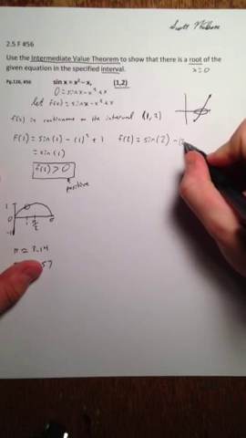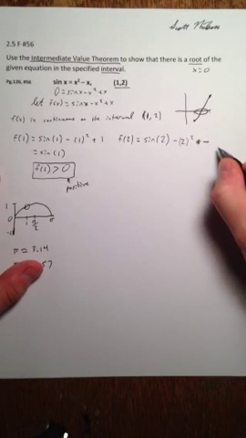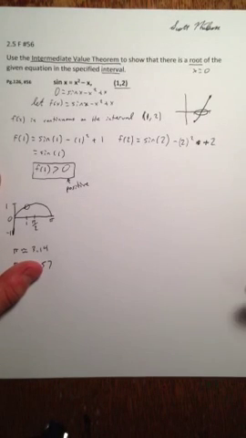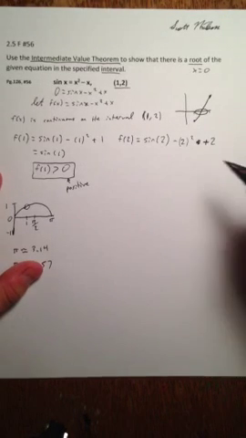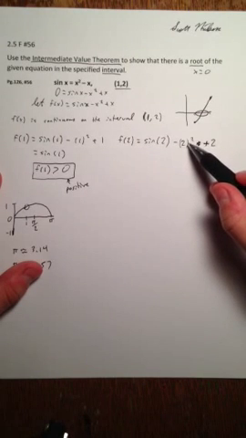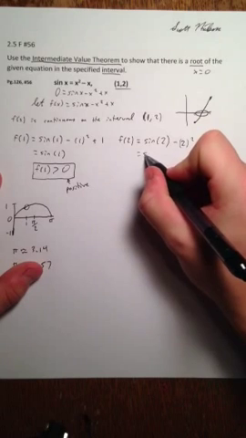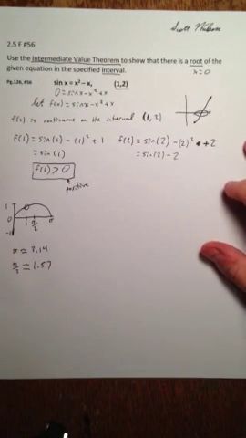So sub in a 2 for every place where there's an x. It'll be negative 2 squared plus 2. Basically 2 squared is 4, so negative 4 plus 2 is negative 2, and we're going to get sine 2 minus 2.